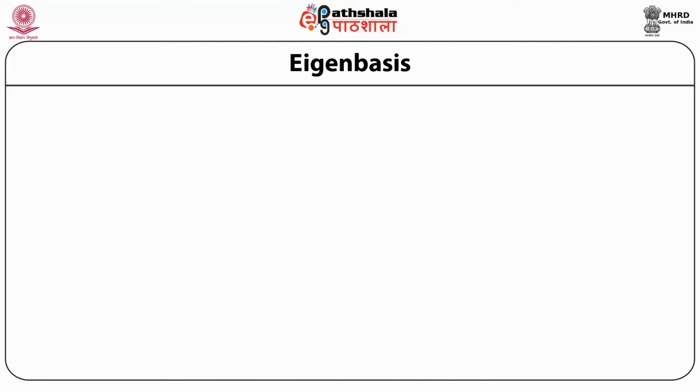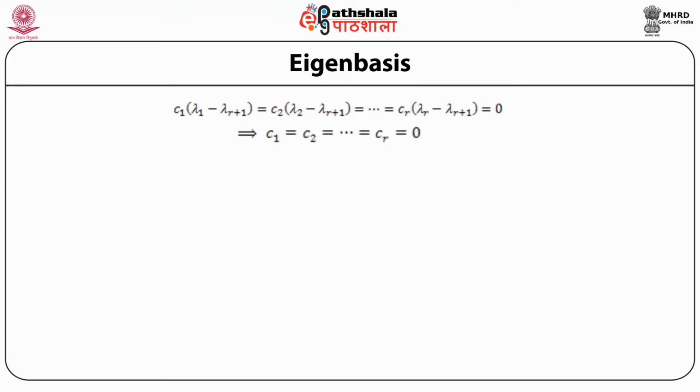This implies that c1 into lambda 1 minus lambda r plus 1 is equal to c2 into lambda 2 minus lambda r plus 1 and so on is equal to cr into lambda r minus lambda r plus 1 equals 0, which implies c1 is equal to c2 is equal to so on till cr equals 0.